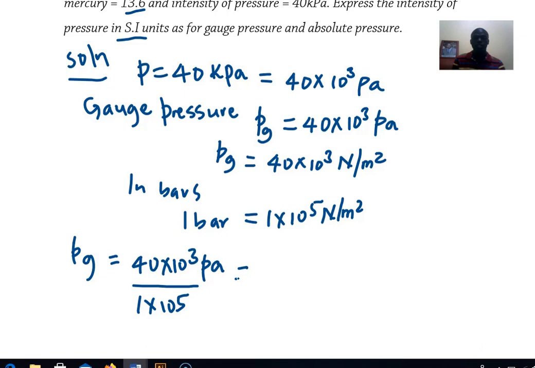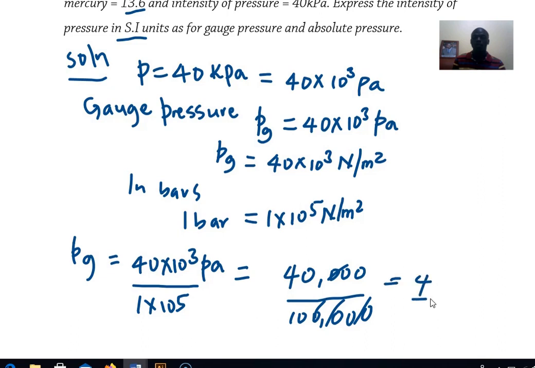So this is 40,000 divided by 100,000. Cancelling these zeros, we will remain with 4 out of 10 bars.